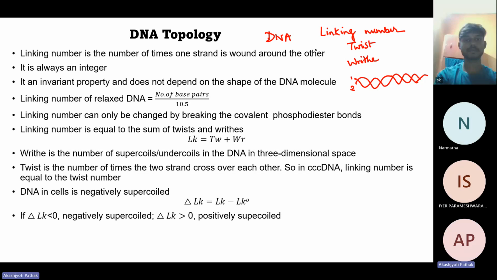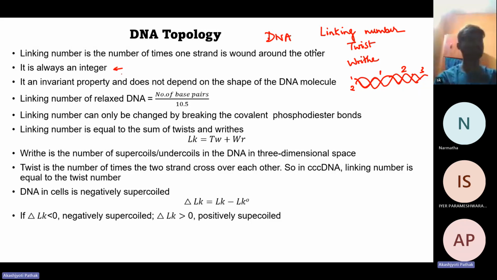If you see over here, this is one turn, then two, and three. So this second strand has wrapped over the first strand three times. So this linking number will be three. And linking number is always an integer.